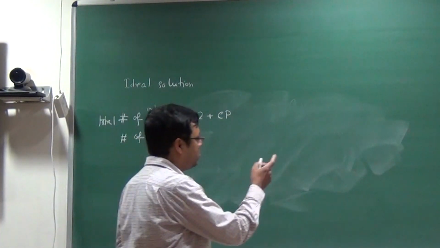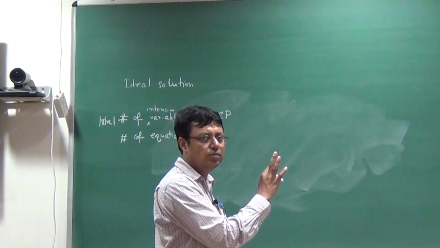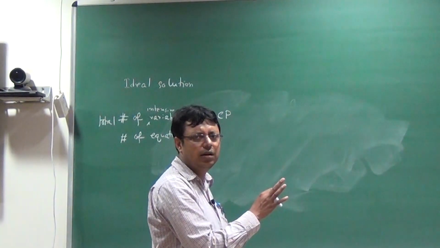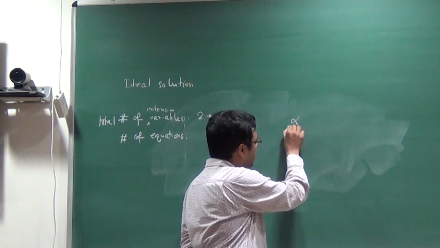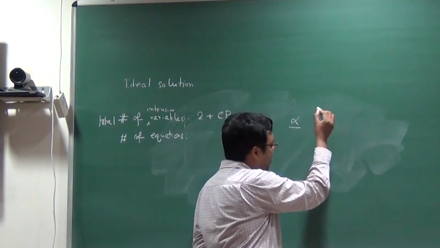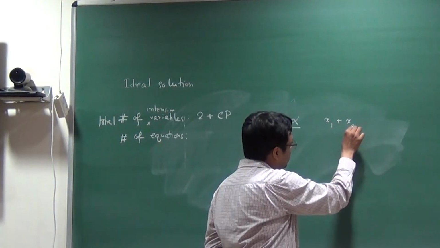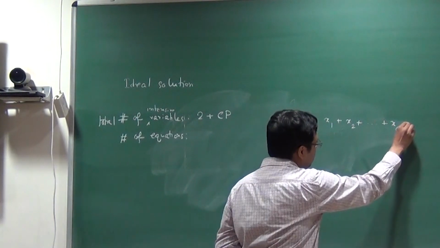Usually for components I write ij notation or 1, 2, and for phases we usually write alpha, beta. So for the alpha phase, the component mole fractions x1, x2, up to C components, are connected.